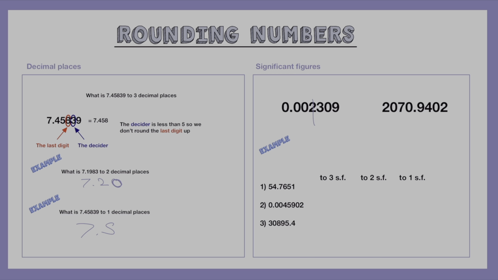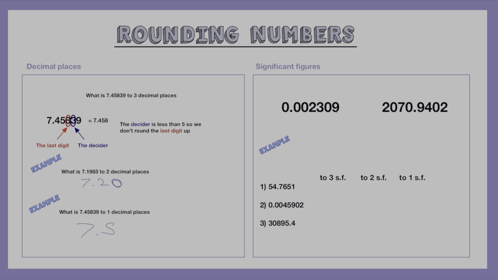This would be the first significant figure, second significant figure, third significant figure, and fourth. This 0 still counts as a significant figure because it's part of those numbers which have started off at 2, which are past the initial zeros. Let's get rid of them. And then for here, we would have the first significant figure, second, third, fourth, fifth, sixth, seventh, and eighth. So I hope that all makes sense.